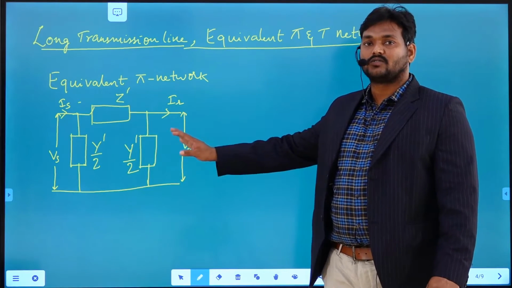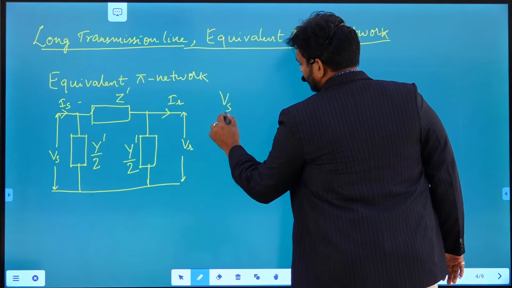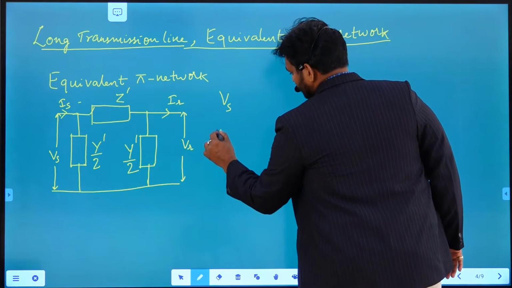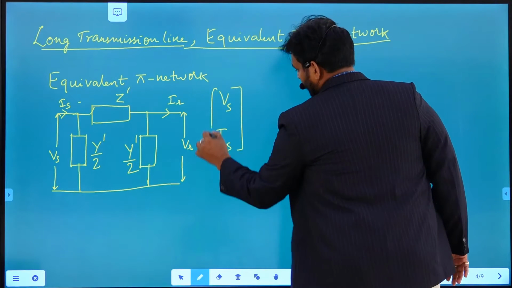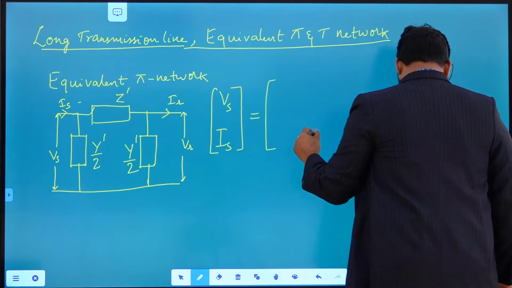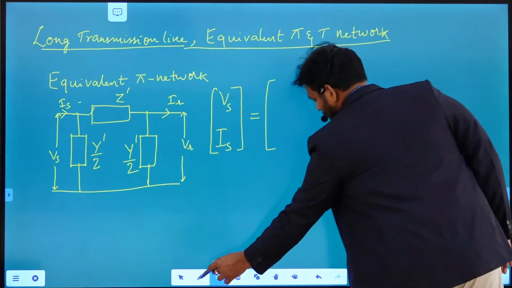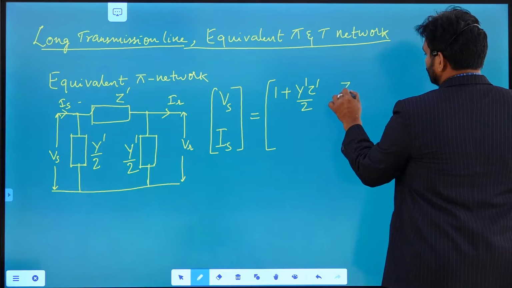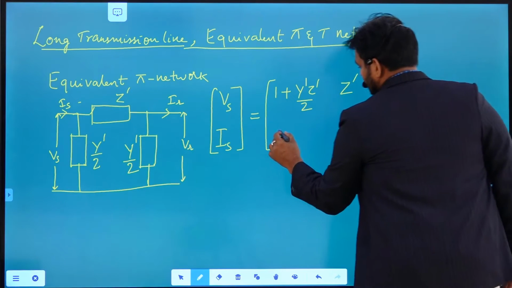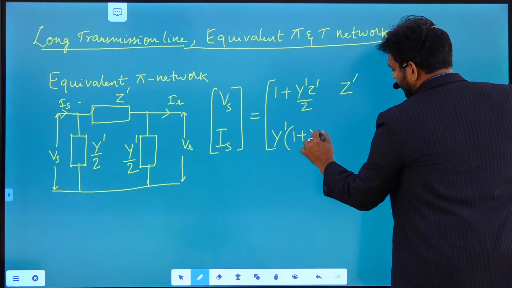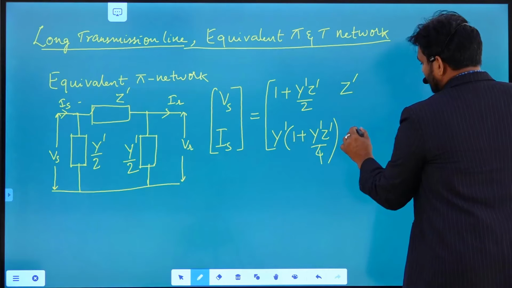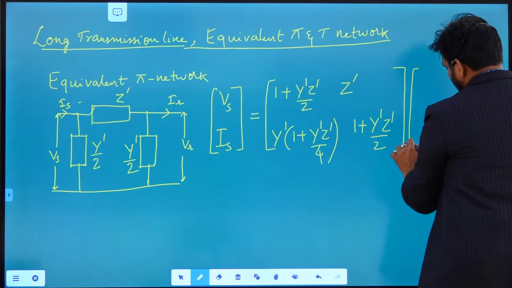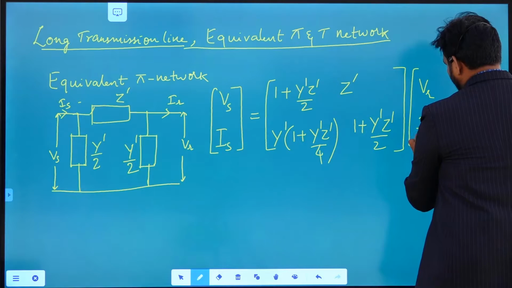The ABCD parameters of this network are given by: Vs, Is equal to, A is 1 plus Y dash Z dash by 2, B is Z dash, C is Y dash into 1 plus Y dash Z dash by 4, and D is the same as A, that is 1 plus Y dash Z dash by 2, multiplied by VR and IR.